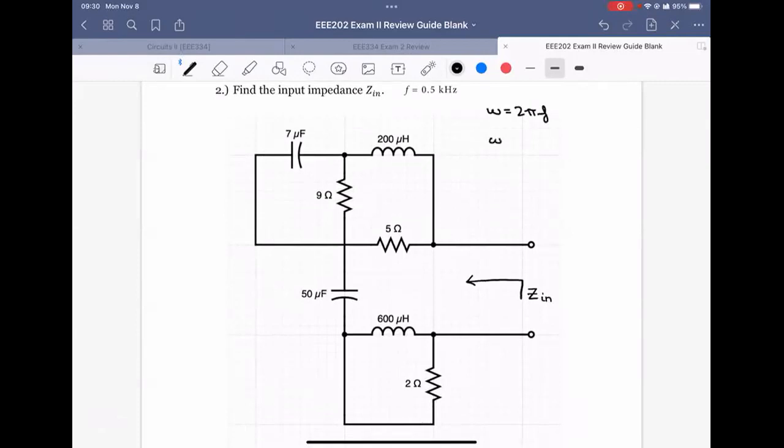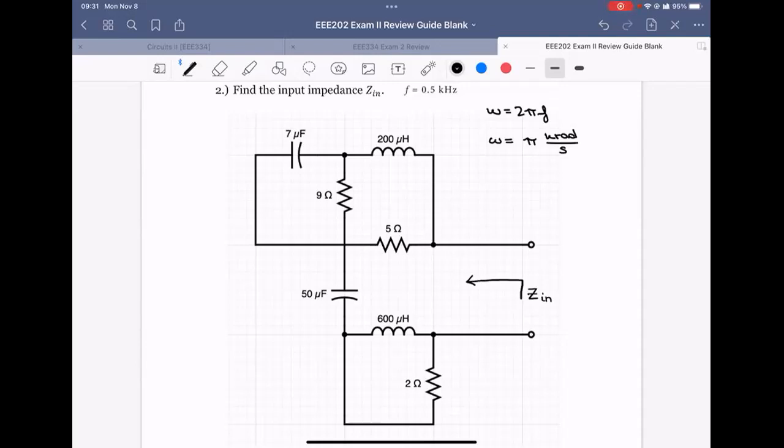So our omega is going to be pi kiloradians per second, because we have 2 times 0.5 kilohertz. Omega is in units of radians per second, and your frequency is in hertz.